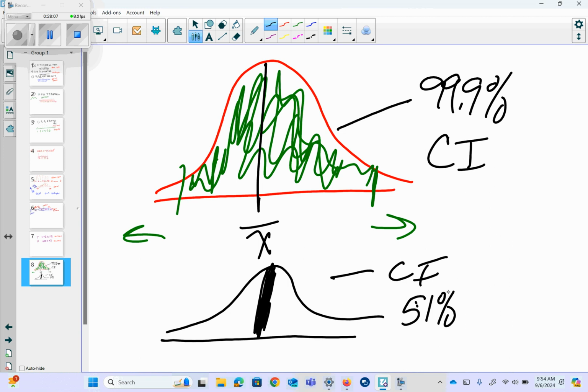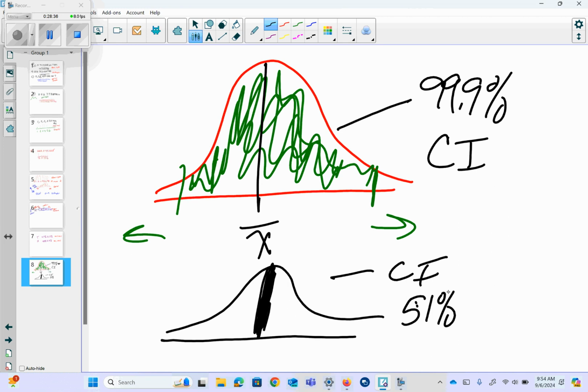That confidence interval means, the bottom one would mean I would be 51% confident that if I were to collect the data again in the exact same way, I would fall within that colored region on the bottom. Whereas on top, if my confidence interval was really wide, then I feel 99.9% sure that my data would fall somewhere amongst there.